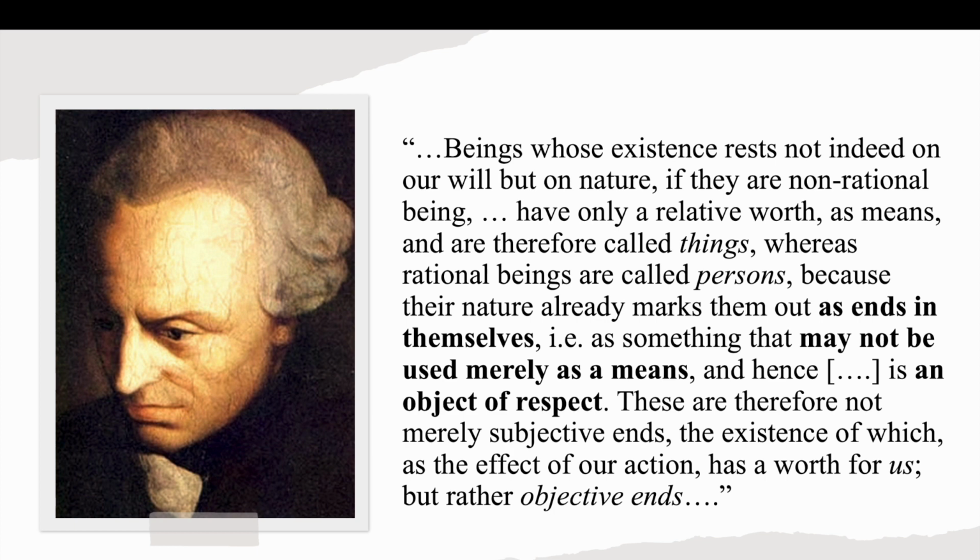And Kant thinks the place to start when we're thinking about the moral ought is not the consequences for overall happiness, but instead to think about individual people, individual human beings, and to contrast them with mere objects.